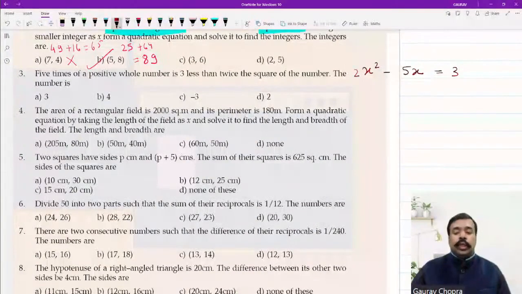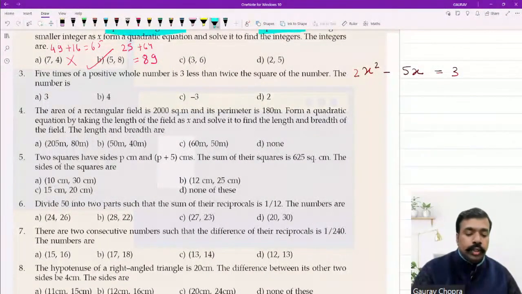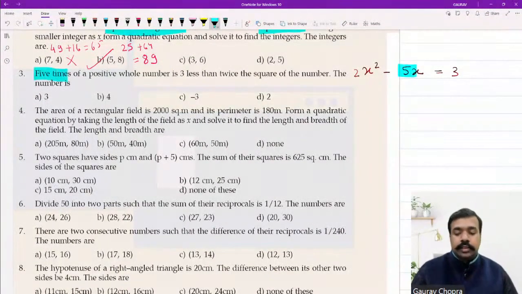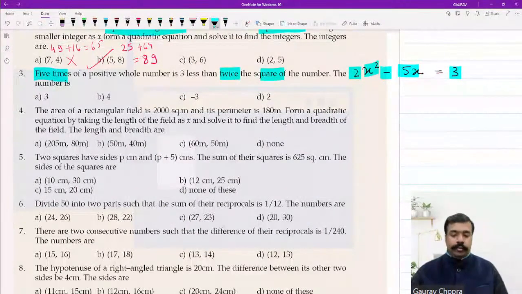So this is the equation. 5 times a number, 5 times means 5x. 3 less, so difference is equal to 3. Then twice, for twice we multiply with 2 and the square, so that is why we have written 2x square. So this forms the equation: 2x² − 5x = 3.